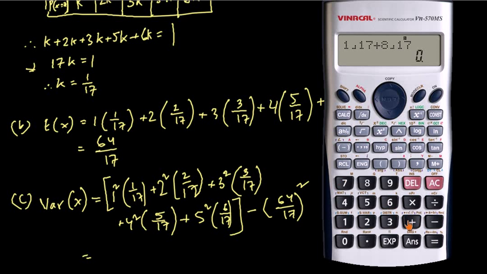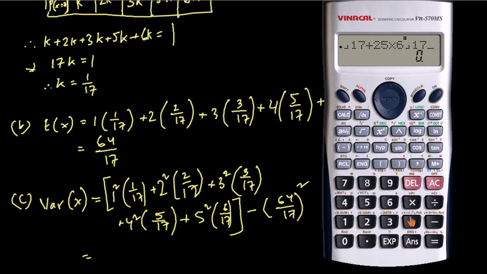So like that, do some of the calculation in your head and the rest of it in the calculator. 3 squared into 3 is 27, 27 by 17, plus 4 squared is 16, 16 into 5 by 17, plus 5 squared is 25, 25 into 6 by 17.